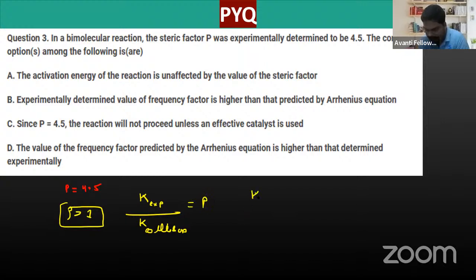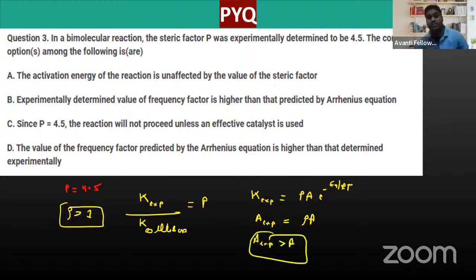Now we know that K experimental is equal to A e to the power minus Ea upon RT. Similarly, A experimental is equal to P A. Right? So we can say that A experimental is greater than A. Thus, we can say that this is the experimentally determined value, right? So K experimental is greater than K.